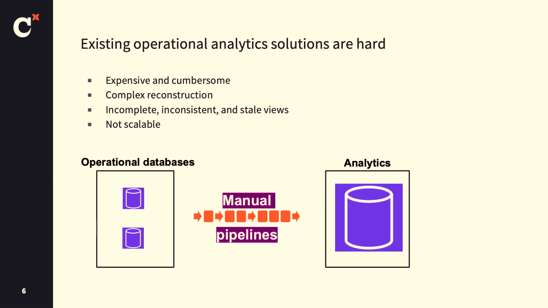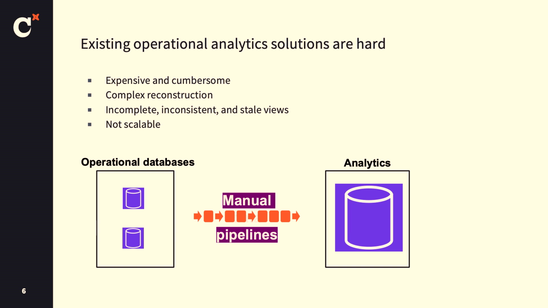The primary reason is that they are setting up manual pipelines between the transactional operational databases and their analytics stores. At scale, as you have more systems to populate and more systems from which you want to retrieve data, this can become pretty expensive and cumbersome.